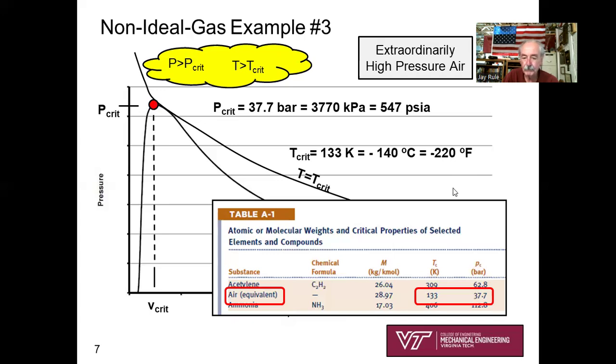Okay. Critical pressure, 37.7 bar. That's 3770 kPa, or 547 pounds per square inch. Now, that's a pretty high pressure. I will tell you that the highest pressure air that I have ever had to deal with is 1,000 psi.